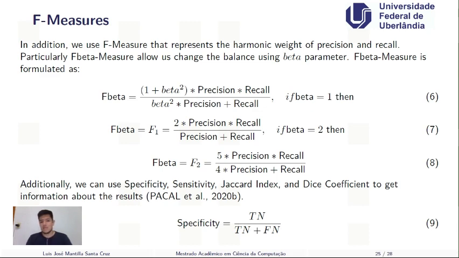However, that was not all. We can use the F measure, which represents the harmonic mean of precision and recall. The F measure is an interesting measure. However, it's not the only one, and we can also use specificity, sensitivity, the Jaccard index, and the Dice coefficient.